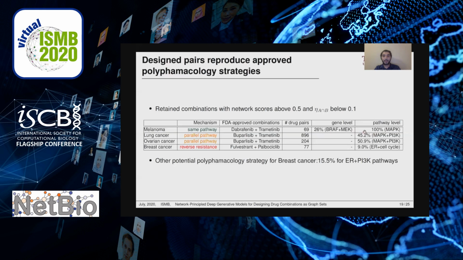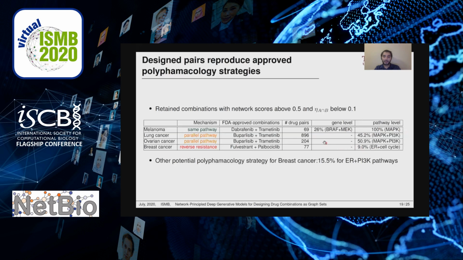And all of them attack the MAPK pathway, which these 2 belong to. For lung cancer, ovarian cancer, and breast cancer, some of these genes were not inside our gene-gene network because the gene-gene network is not complete. So we focus on the pathway level.